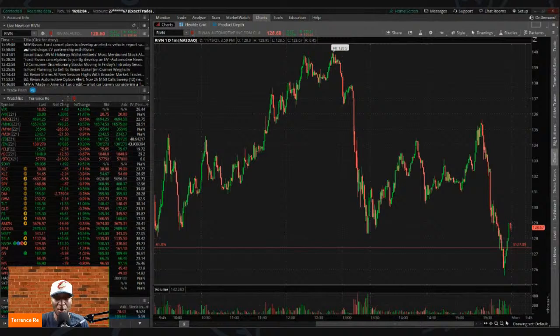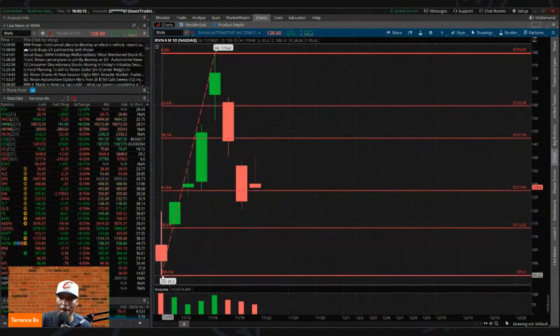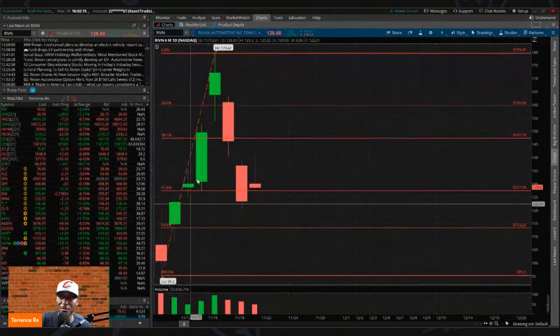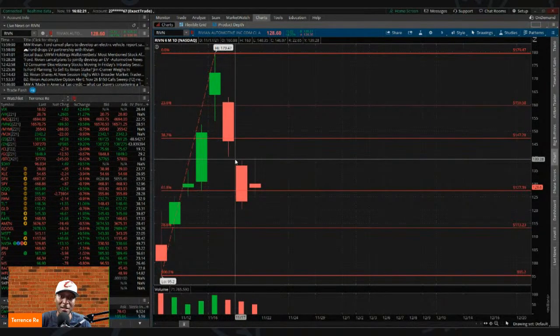So they IPO, the stock jumped up basically on speculation, and this is pure speculation, right? From 95 bucks to 179. And then Ford comes out and says they're going to sell their stake. So they made money on the IPO.